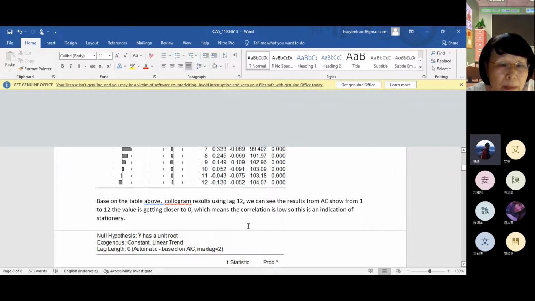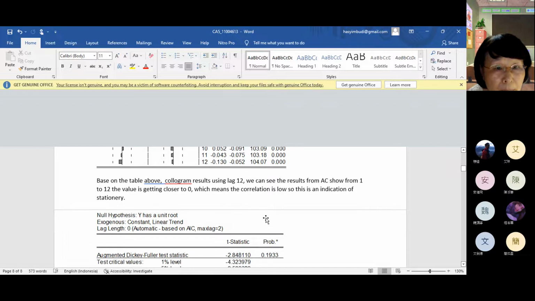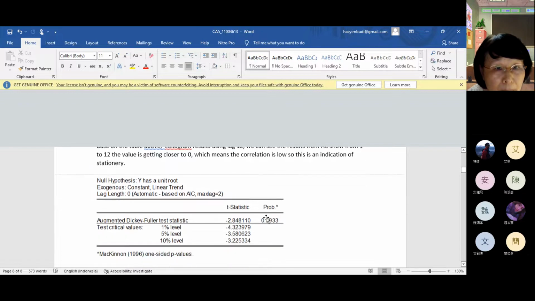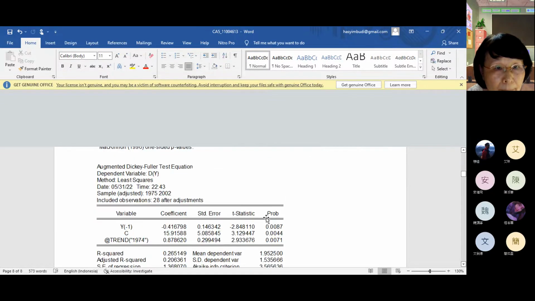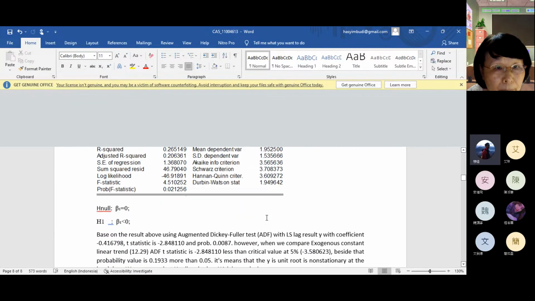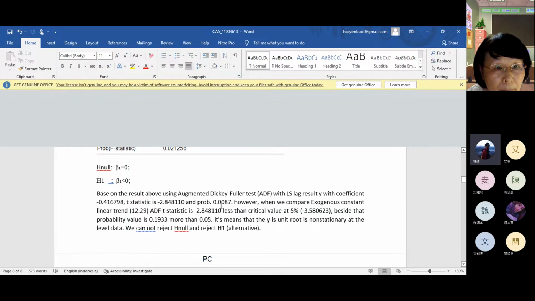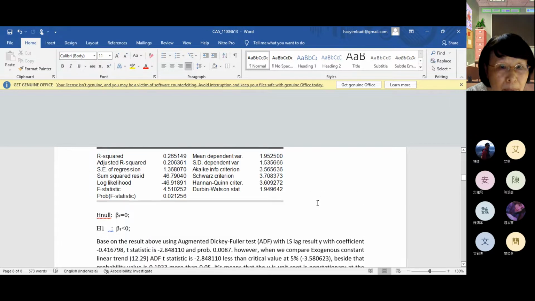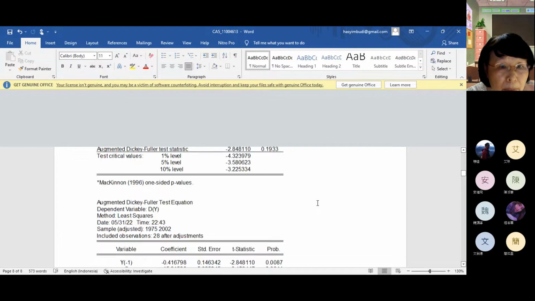Okay, go on. Let's see the rest of the test. Based on the result using the ADF test, let me see the output first.